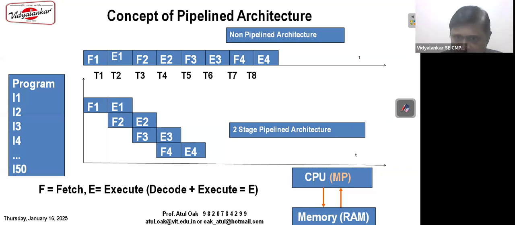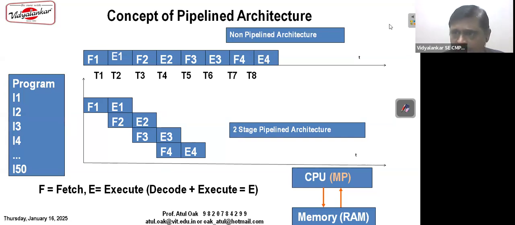You must have noted there is something called two-stage pipeline. See this. Okay, now let's understand what is that. This is the minimum pipelined architecture possible. चालू होता है 2 स्टेज से, फिर वो होता है 4 स्टेज, 5 स्टेज, 10 स्टेज. Okay. Now why 2 stage?